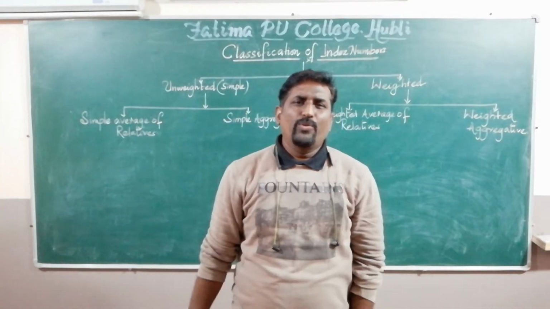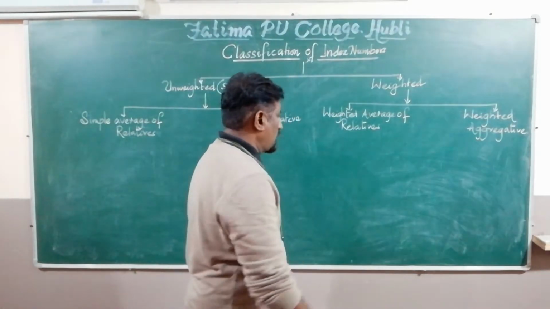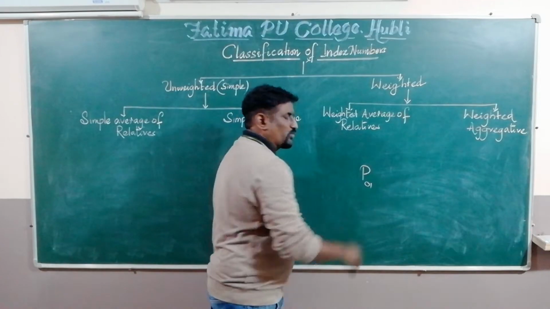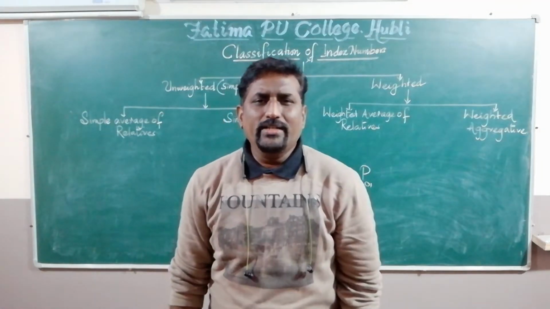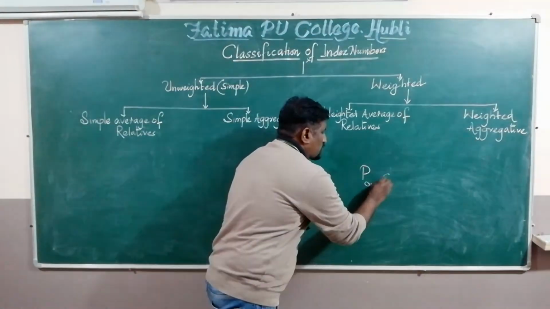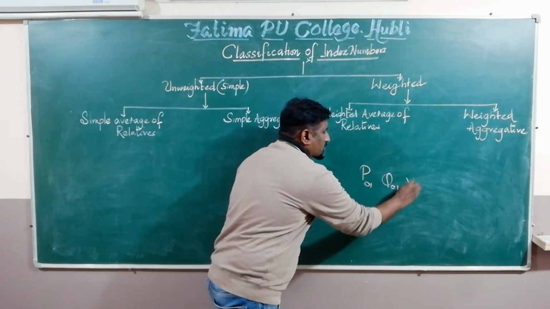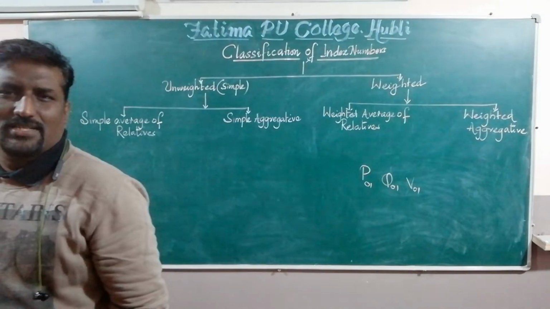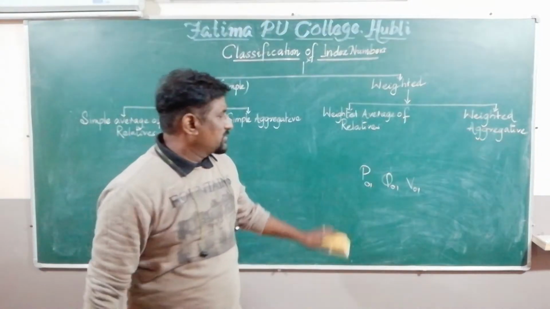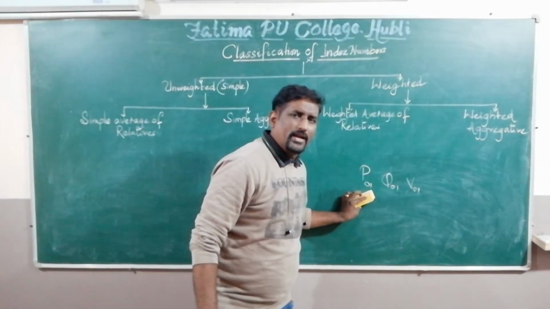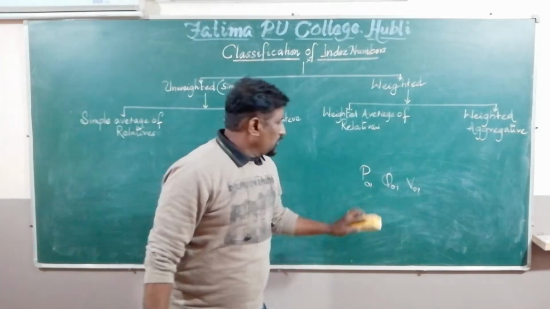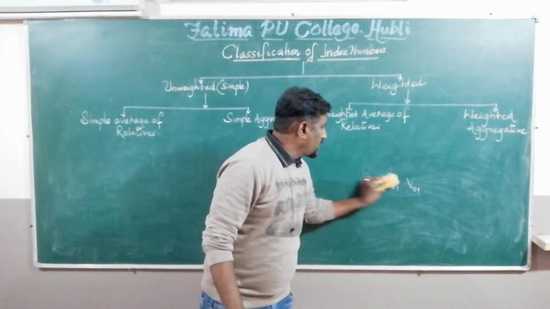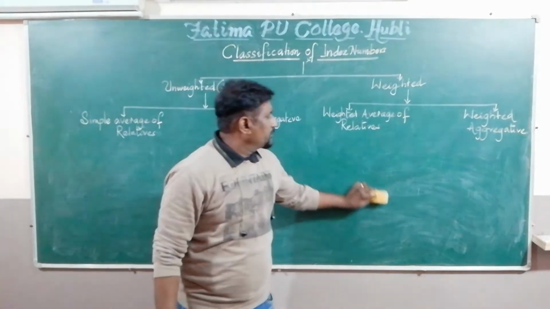Price index number we denote as P01, quantity index number we write as Q01, and value index number we write as V01. We know all these things, students. P01 indicates price index number, Q01 indicates quantity index number, and V01 indicates value index number.